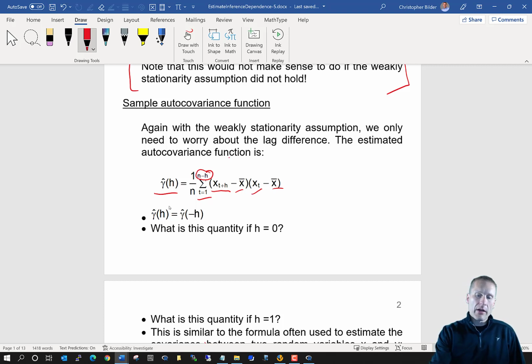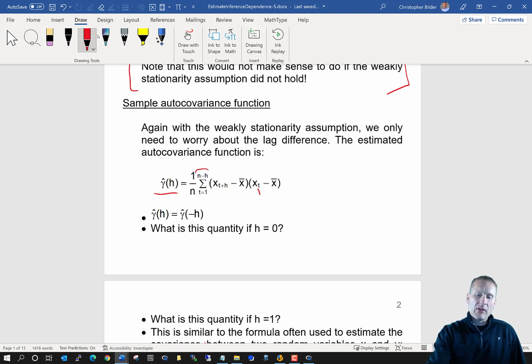Now, why are we going up to only n minus h versus n itself? Well, it's so that we have actual observed values in the time series. For example, at t equal 1, we would have x sub 1, and we also would have x sub 1 plus h.